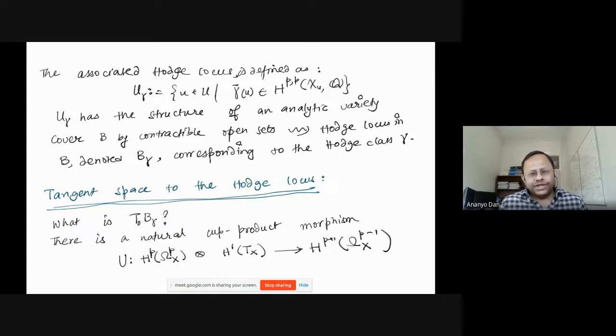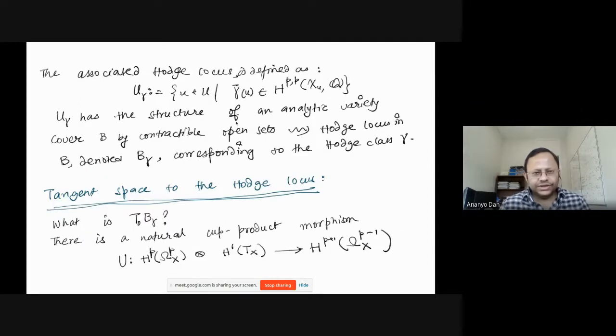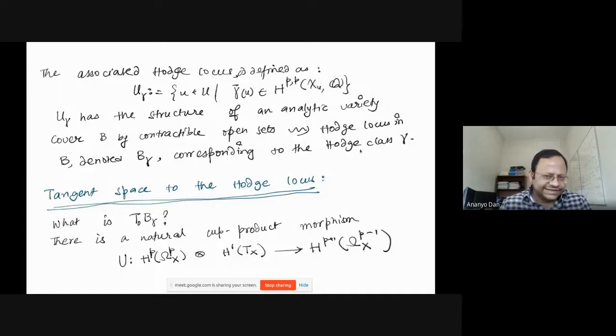On each of these neighborhoods, you can define this notion of Hodge locus, which consists of all the points in U. Here we had this gamma, which extends to a flat section of the locally constant sheaf restricted to U. I am looking at that section, this gamma bar, and evaluating at all the points on this contractible open neighborhood.